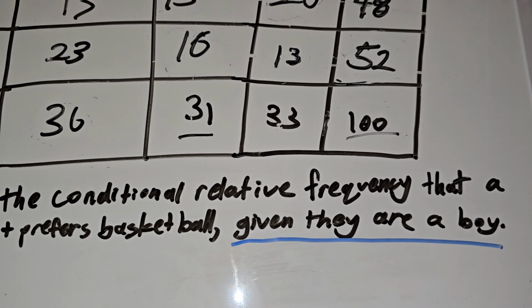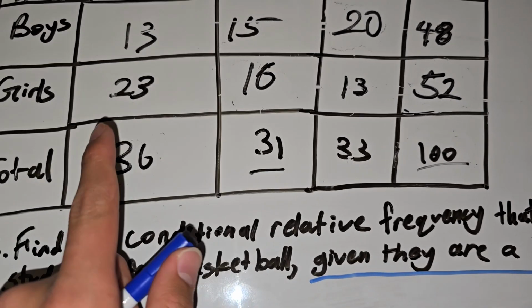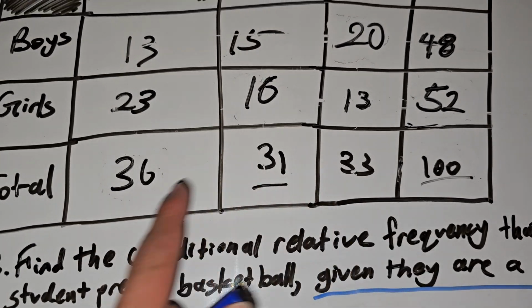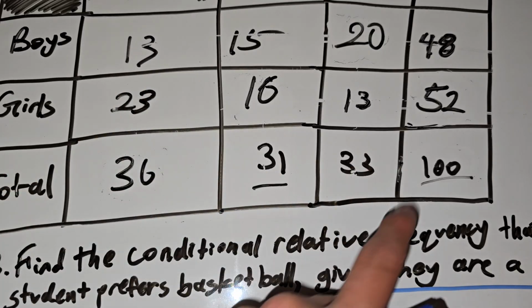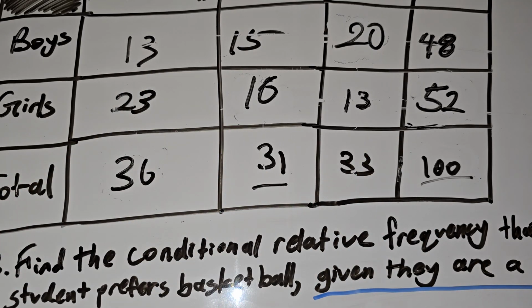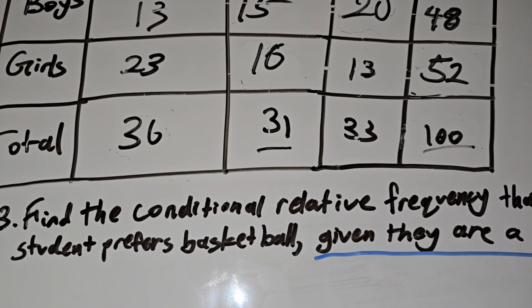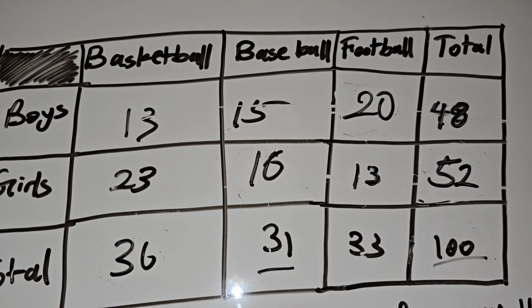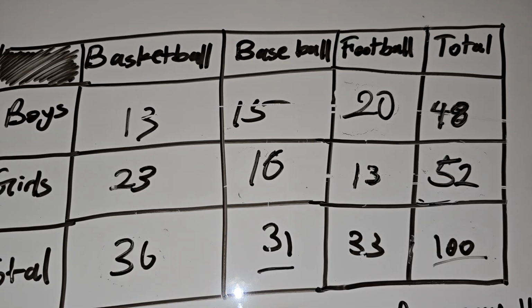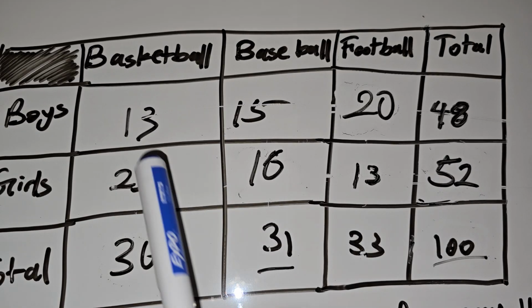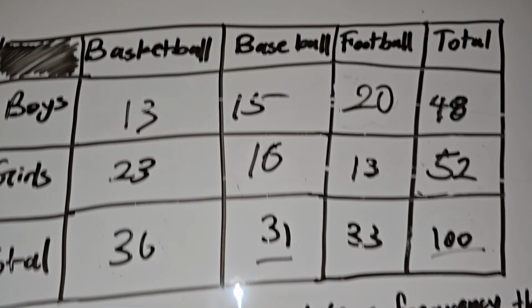This is actually very important because now we aren't dividing by 100. 13 divided by 100 is incorrect. That's not what we're doing. We're finding the conditional relative frequency that a student prefers basketball given that they are a boy, meaning out of 48 total boys, what percent prefers basketball?